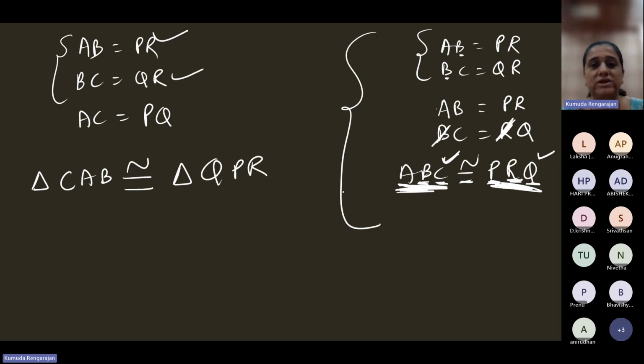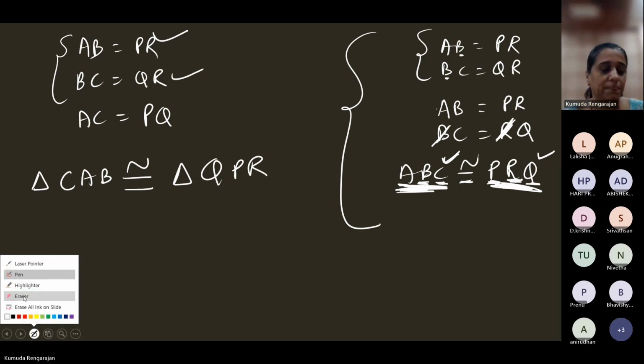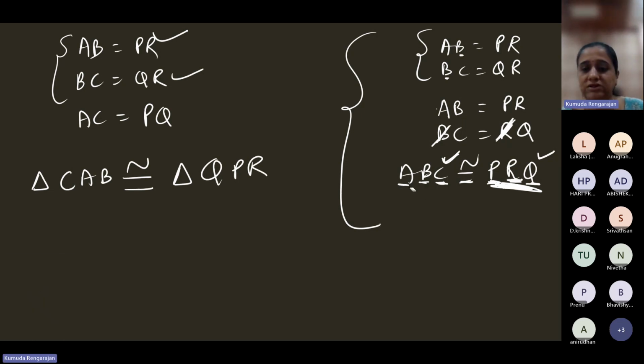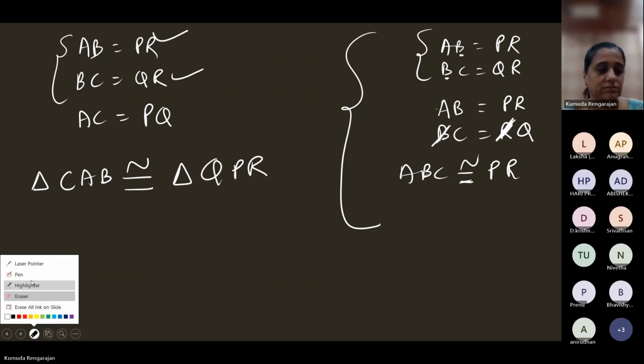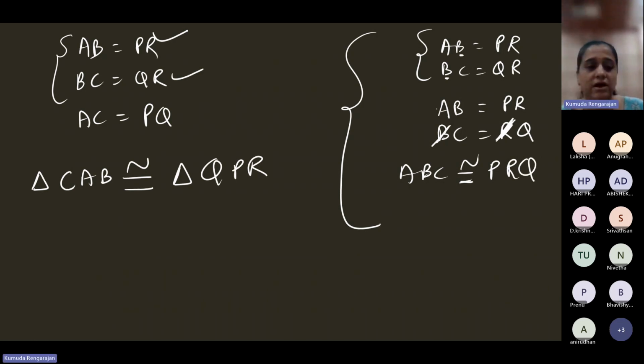Match the vertices. So we know that vertex C and Q coincide. Then CAB. Children, let me not make it so difficult. So CAB, you can see a C, A, and then B. So similarly, QPR. That's all.